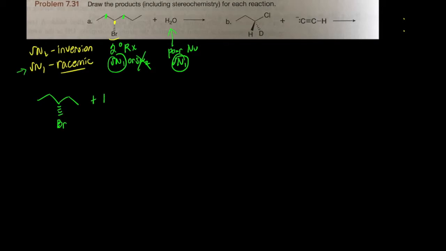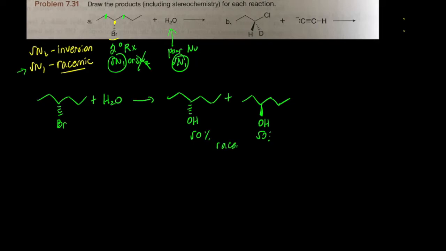It is chiral as a starting material, but when this reacts, you're going to form the product that has been retained, and you're going to form the product that's inverted. Okay, and you're going to form 50% of that, 50% of that, and we call that racemic. Okay, so we get the racemic mixture here.